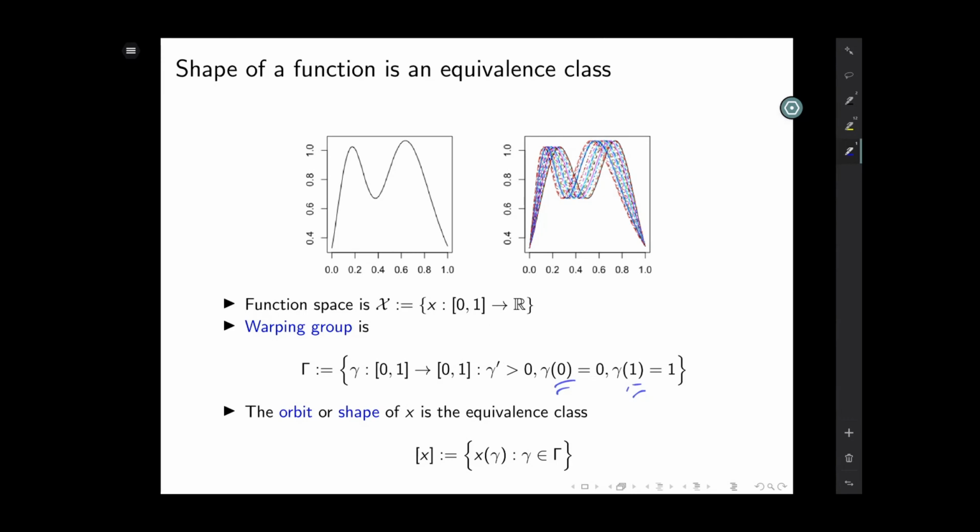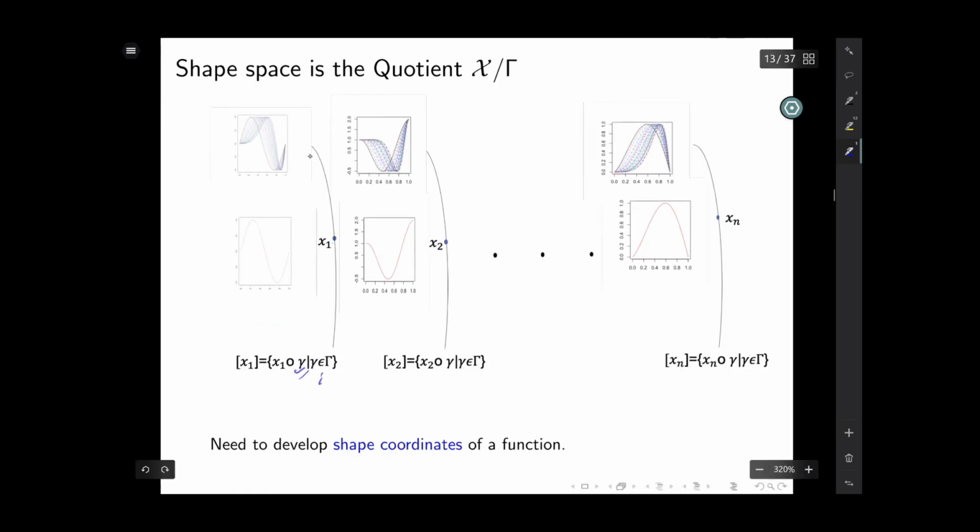So these are continuous CDFs, strictly increasing, for random variables taking values in 0 and 1. I can think of the orbit of x1 as fixing x1 and then applying all the warpings to it to get something like this one. That would be the shape of x1, the set of all functions which are related in this manner. Similarly for x2 and the others.